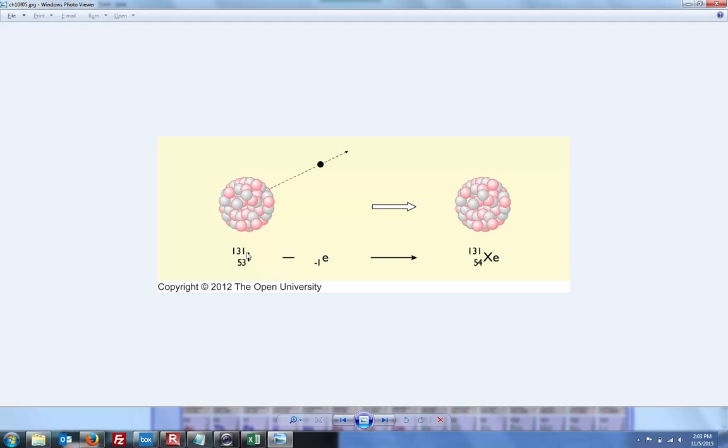The electron itself is 0.00055 units. And what the math that follows shows is that the three numbers don't actually add up.